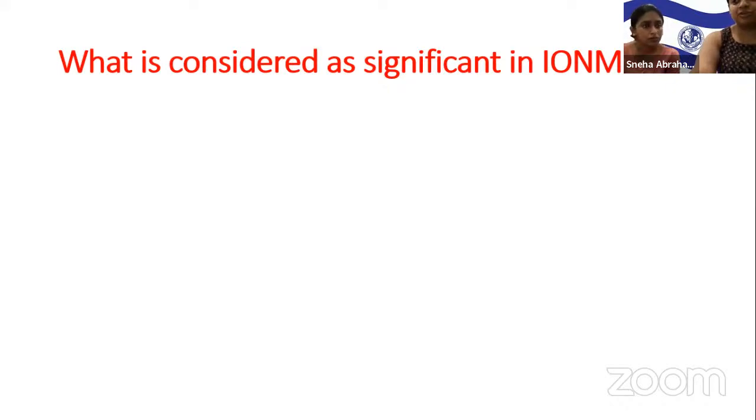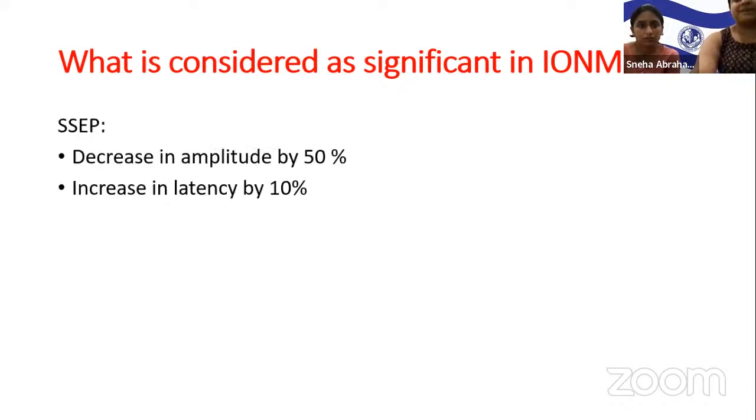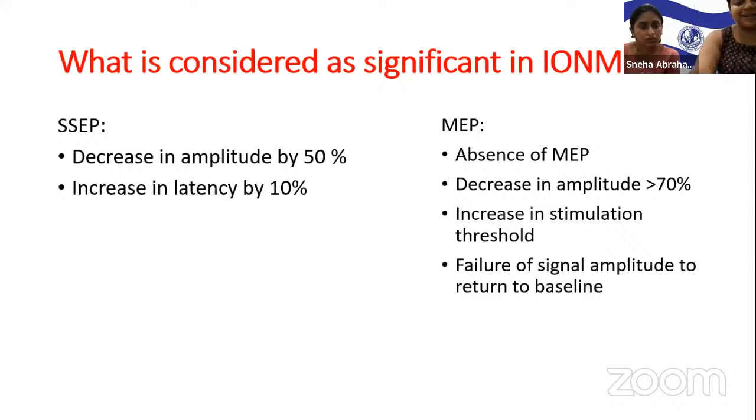Whereas for motor evoked potentials, they're considered to be significant when there is decrease in amplitude by more than 70%, or when there is absence of the motor evoked potential, or when there is increase in the stimulation threshold, or when there is failure of the signal amplitude to return to baseline. When we find significant changes in the waveforms, then it is the time to intervene.